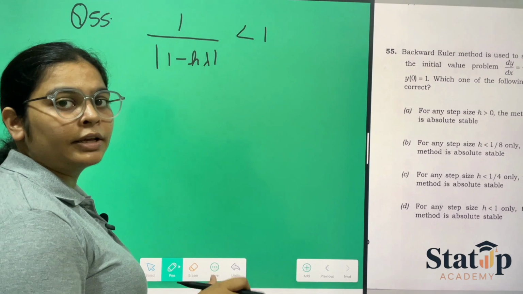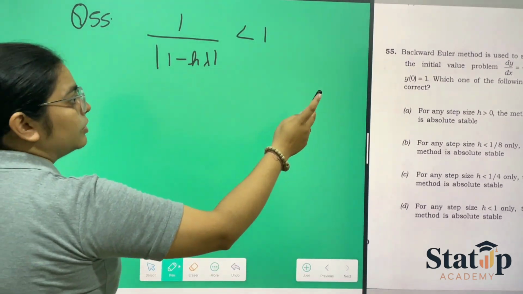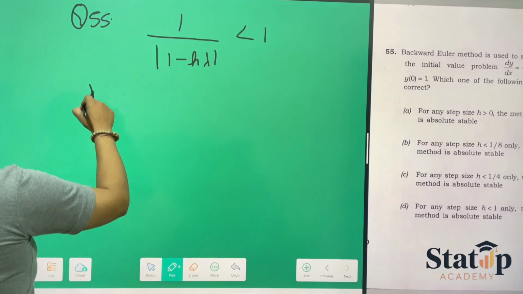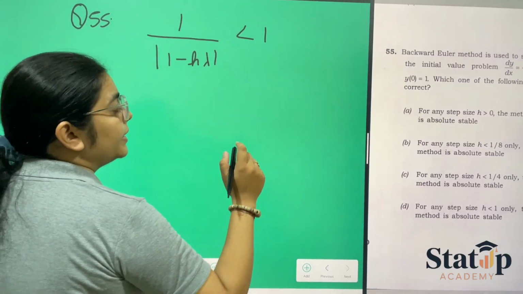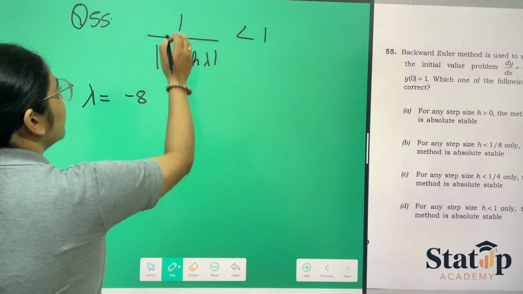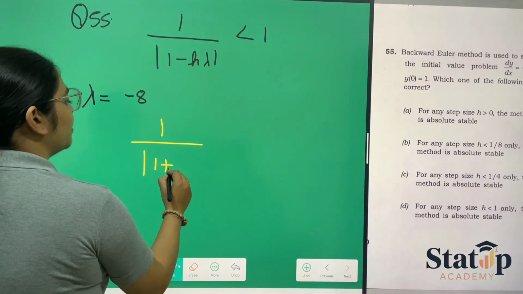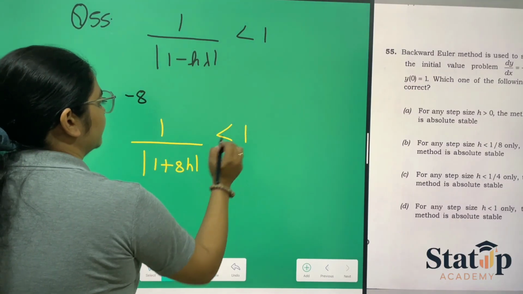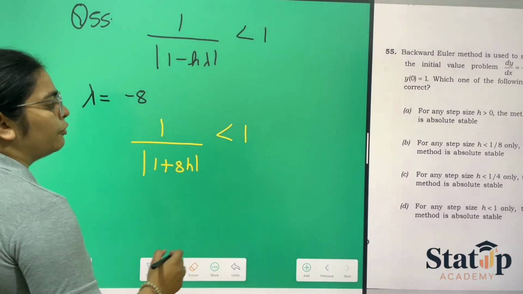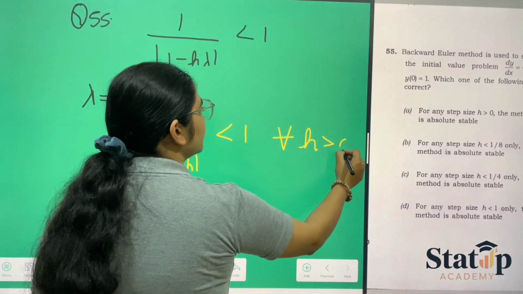The important thing here was the backward Euler method. So we will be using the lambda value. Now lambda is equal to the value that is given by dy by dx, so it will be minus 8. So here we can put it as 1 upon modulus of 1 plus 8h is less than 1, for all h greater than 0.